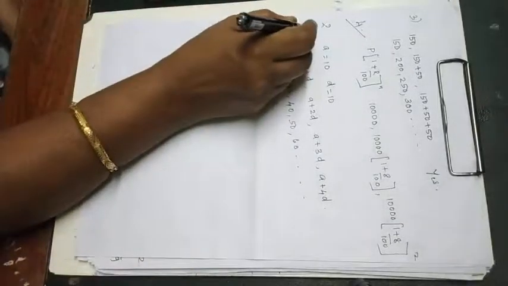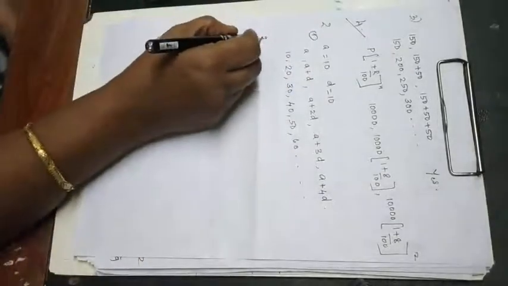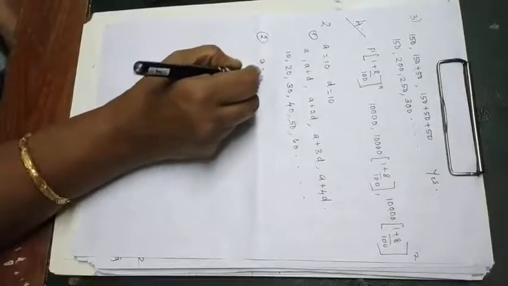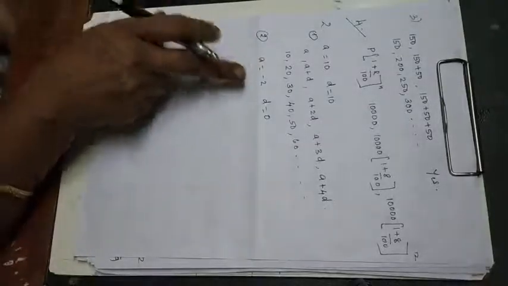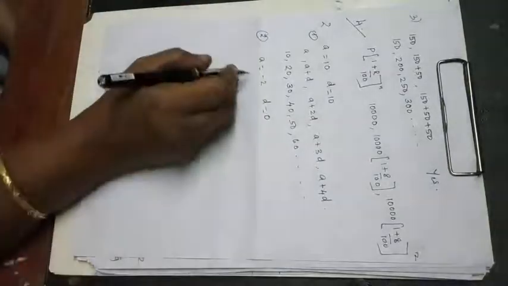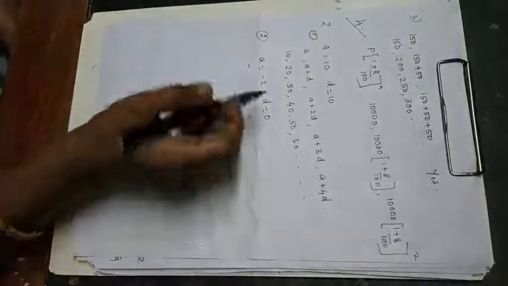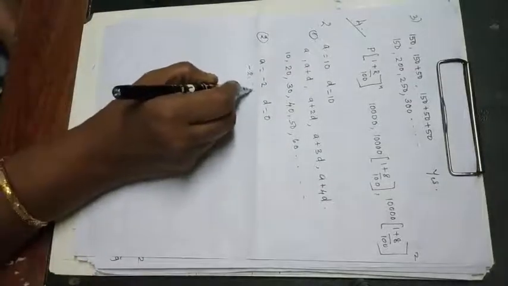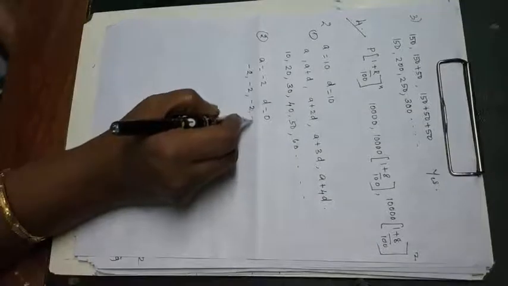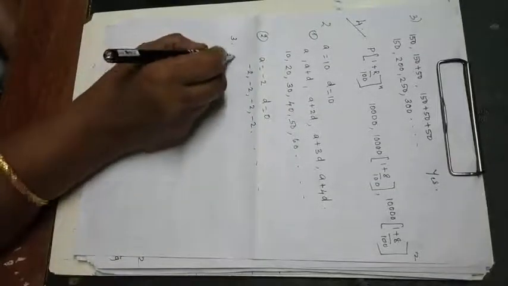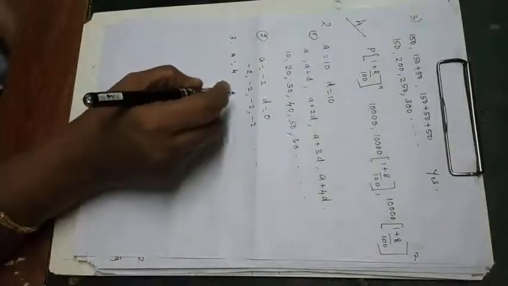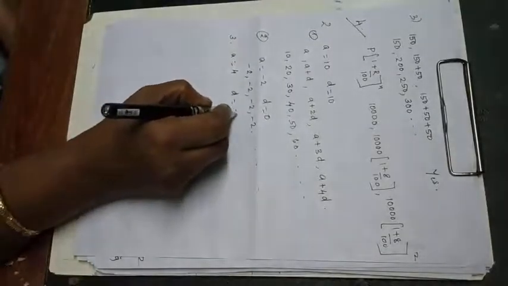So that was the first one. Second one, A is equal to -2, D is equal to 0. So here D is 0, so A will be repeating. So what will be the series? -2, again -2, again -2, like that it will come. Then third one, A is equal to 4 and D is equal to -3.